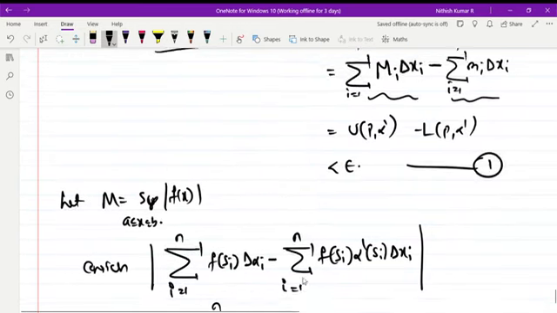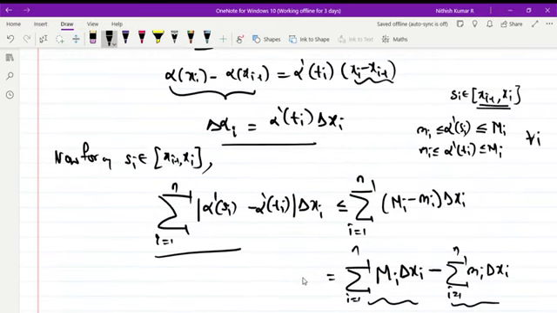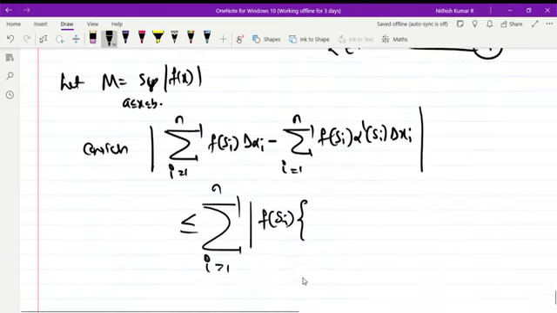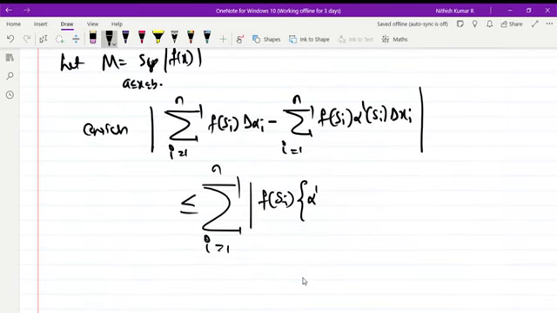Now delta alpha i is equal to alpha dash of ti into delta xi, so just substituting, that is alpha dash of ti into delta xi minus alpha dash of si into delta xi.